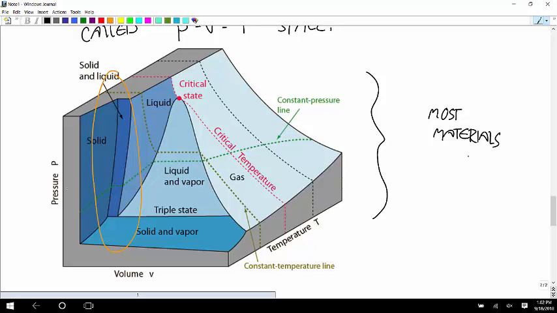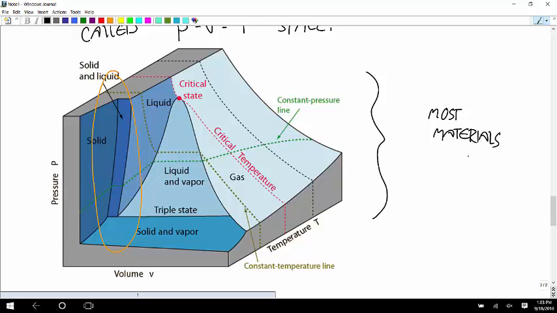And so if you look at a graph of the volume, keeping the pressure constant, so think of a slice of this as volume versus temperature, just at a single pressure value.